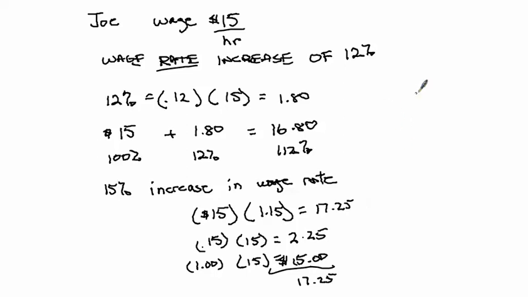So let's say that Jerry's wage, let's say he made $8 an hour, $8 per hour, and he got a bonus every time he showed up for work. Let's say he got $50. He received $50 for just showing up.